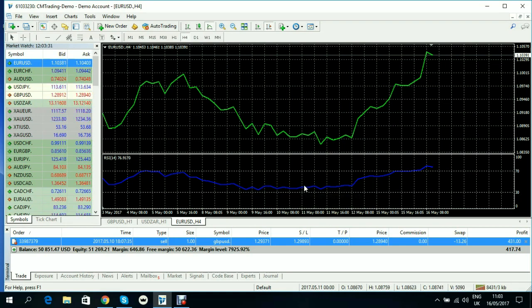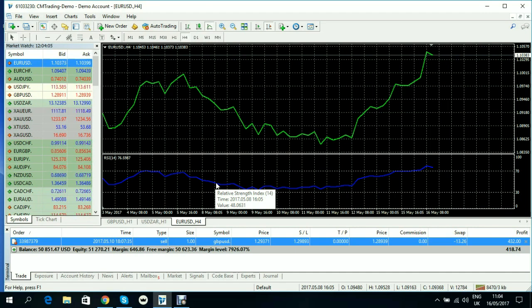So it is important for us to understand that we can use the RSI to confirm a trend continuation, whether the trend will continue to buy or continue to sell. If the trend will continue to sell, the value of the RSI will have to be below 50.